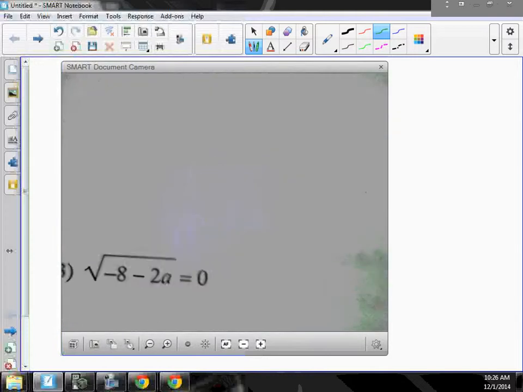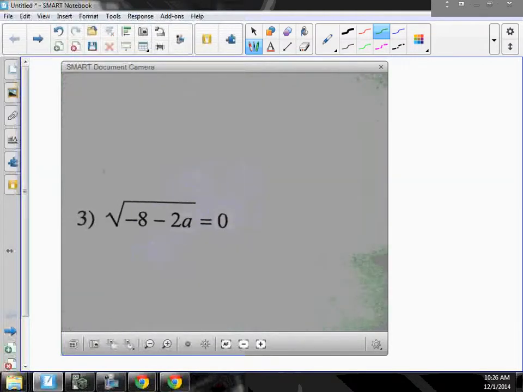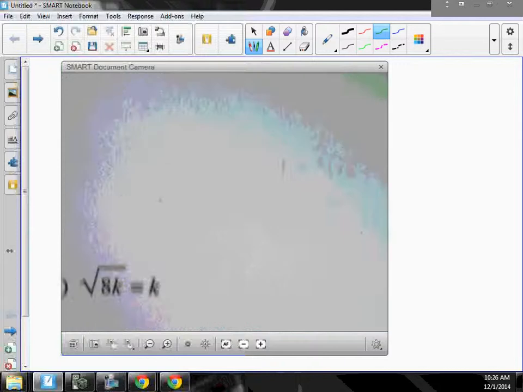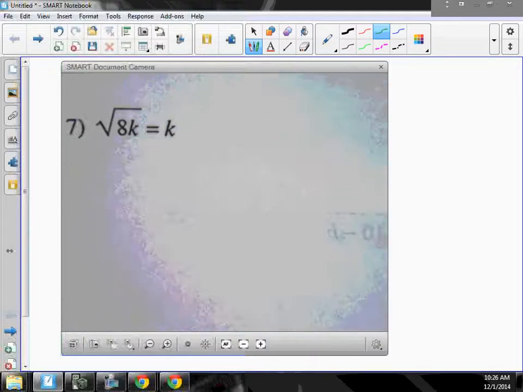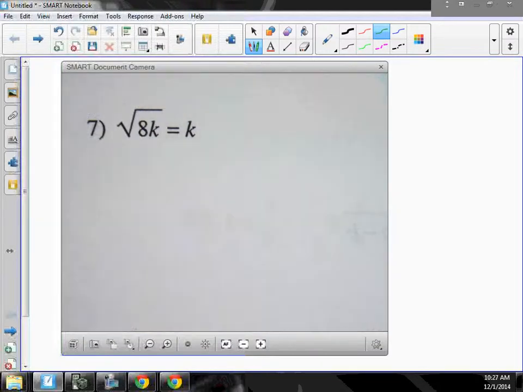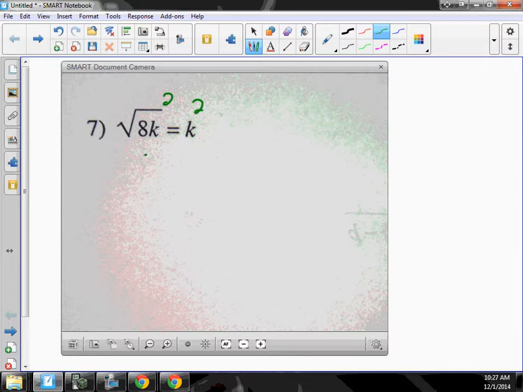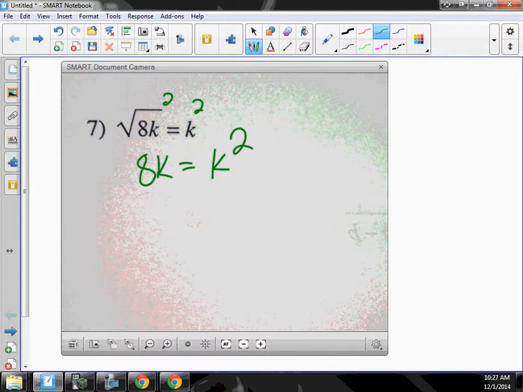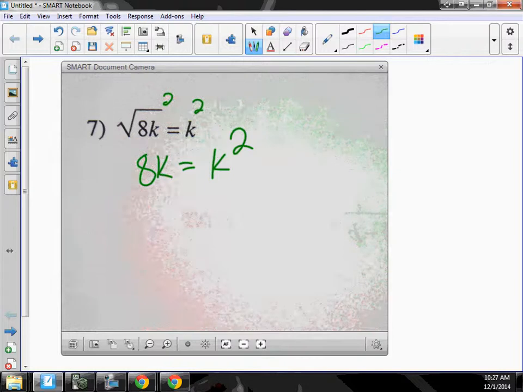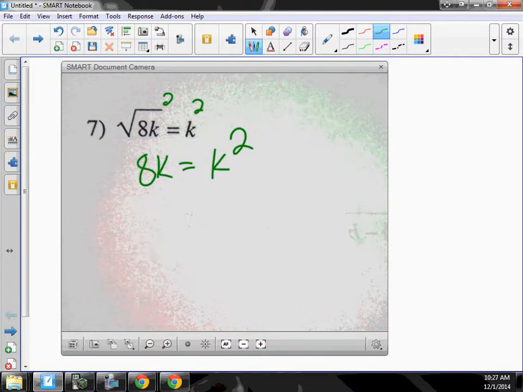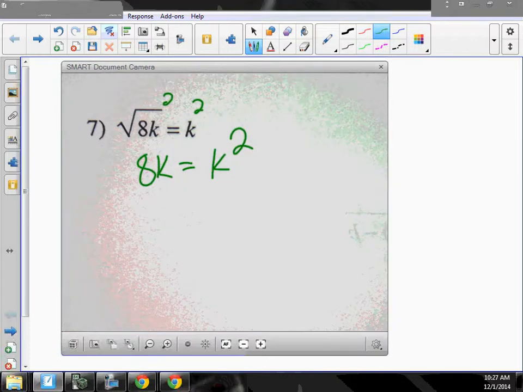Look at number 7. 7's a little bit tricky. This time, instead of equaling a number, it equals a variable. When I square it, square and square, 8k equals k squared. If you have a k squared or an x squared or an m squared, that should tell you there could be 2 solutions.